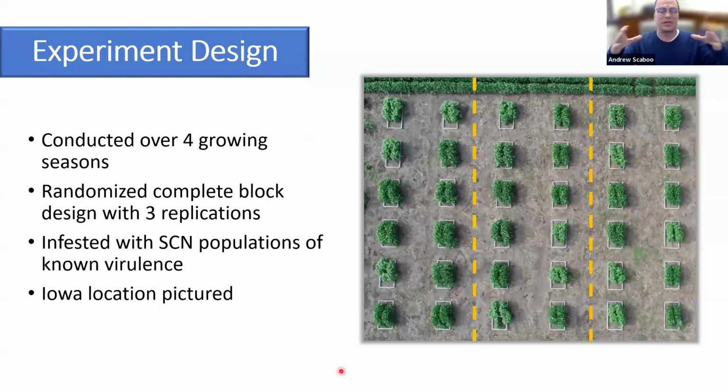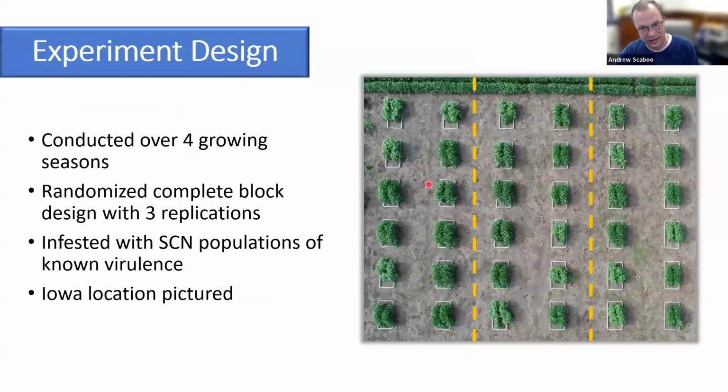So what we did was we decided to develop a field experiment to measure the changes in virulence and the changes in nematode populations if we changed the genetic mode of action each year. And so this is really precision agriculture with genetics in my mind, using genetic rotation to manage population density as well as virulence.